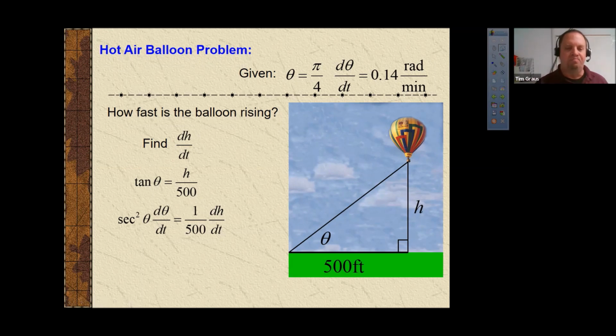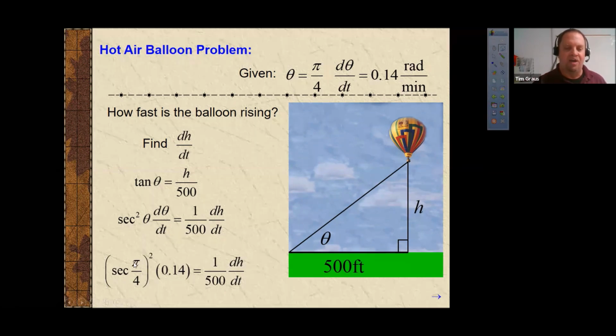Now it's time to plug in our given values and solve for the unknown. We were given that theta equals pi over 4, and that d theta dt equals 0.14. Plugging those values in, we need to solve for dH/dt. All I need to know is what the secant of pi over 4 is.